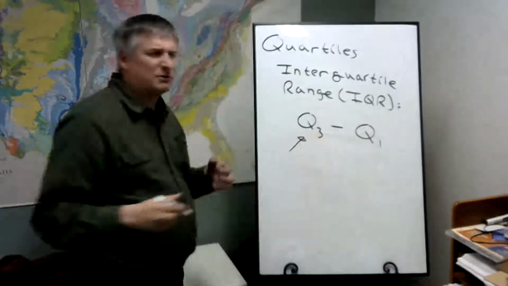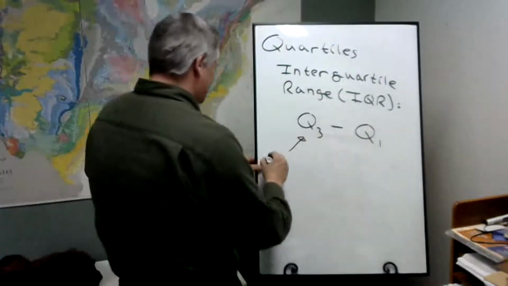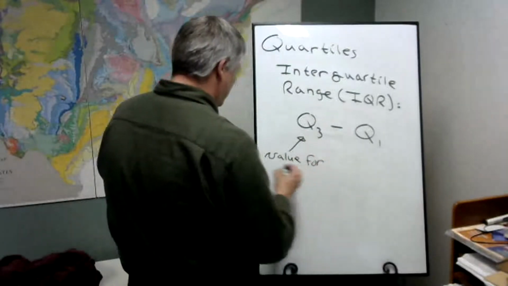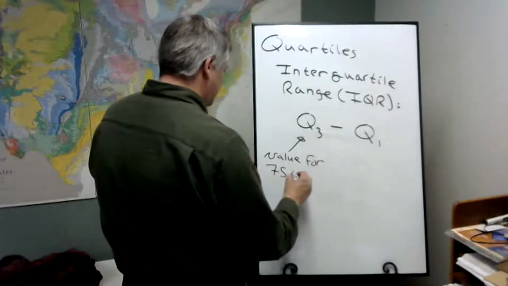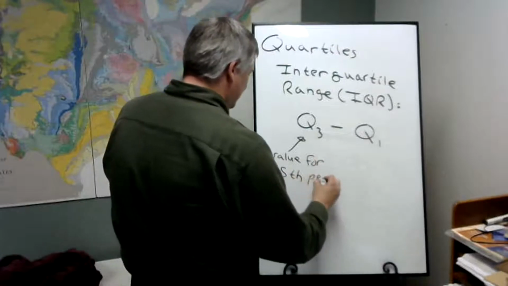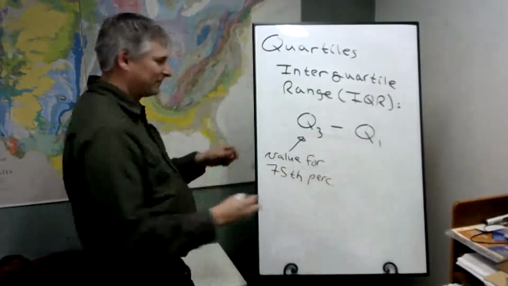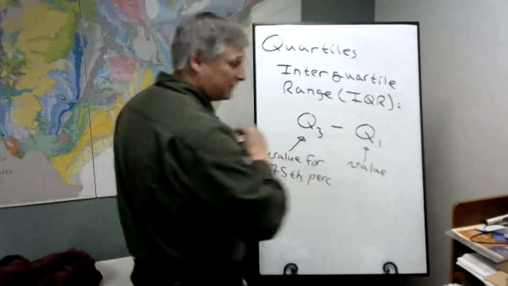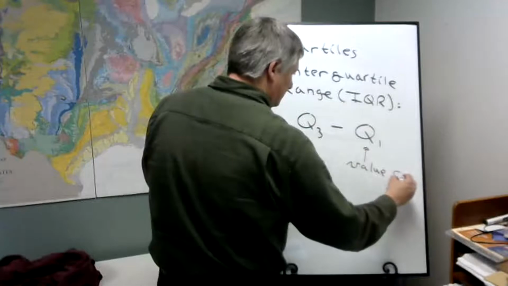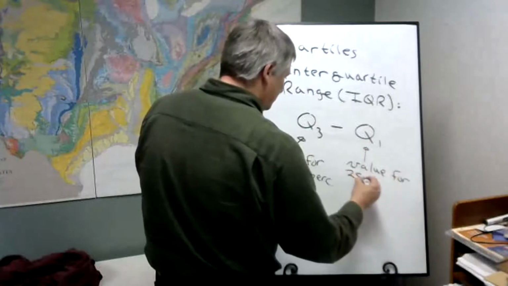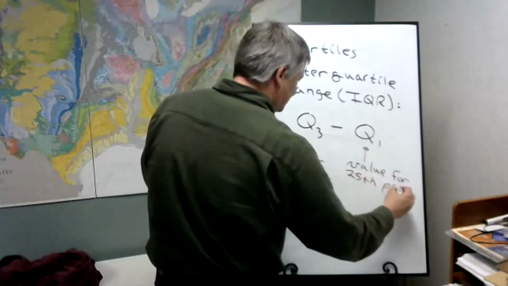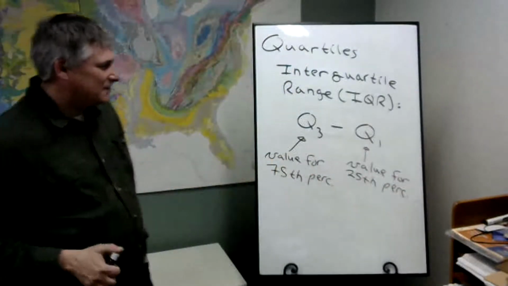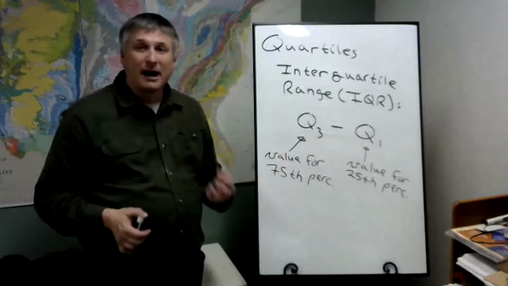It might not be a data value, it could just be a value. So this would be the value for the 75th percentile, and this would be the value, and it could be data, it could be an average of two data values, for the 25th percentile. And then the difference is the interquartile range.